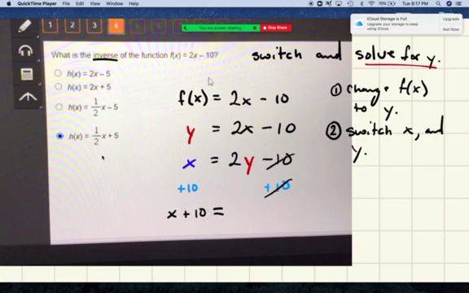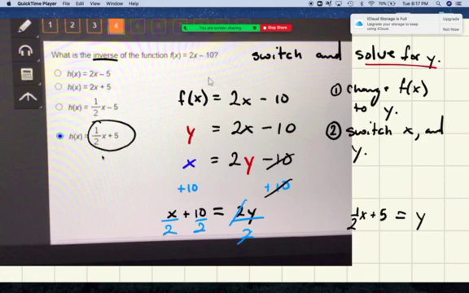And then that goes away, and so I have 2y. And then divide everything by 2. So divide this by 2, divide this by 2. So that goes away, and now I have y equals 1/2 x. X over 2 is the same thing as 1/2 x. And then 10 divided by 2 is 5, so plus 5. And that's what they have there.